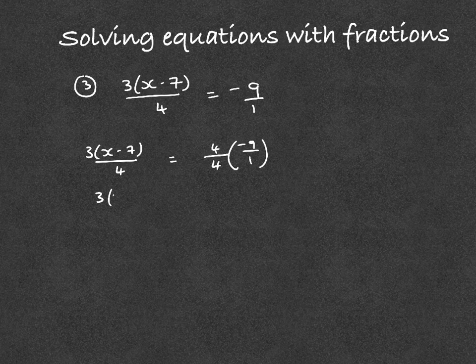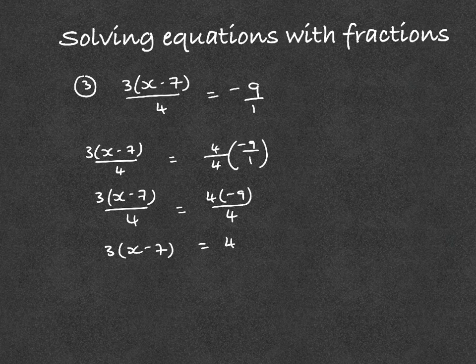So therefore we've got 3 times (x minus 7) over 4 is equal to 4 times minus 9, which is minus 36, over 4, right? That then means that 3 times (x minus 7) is equal to 4 times minus 9. So that means that 3x minus 21 is equal to negative 36.